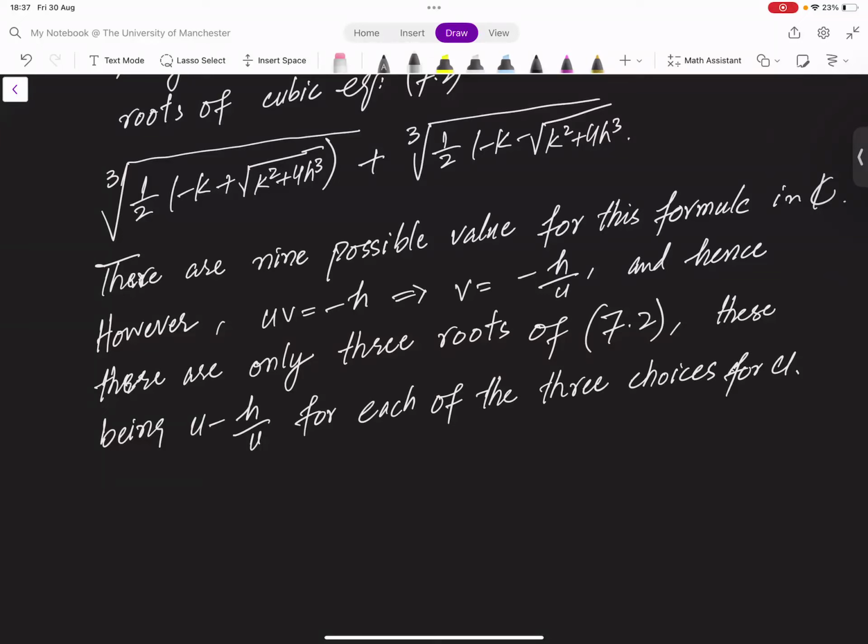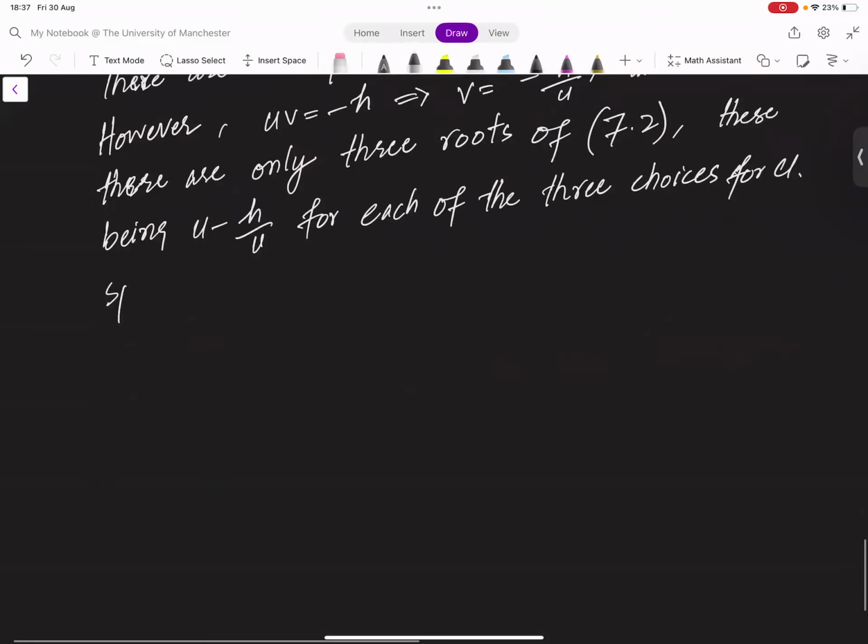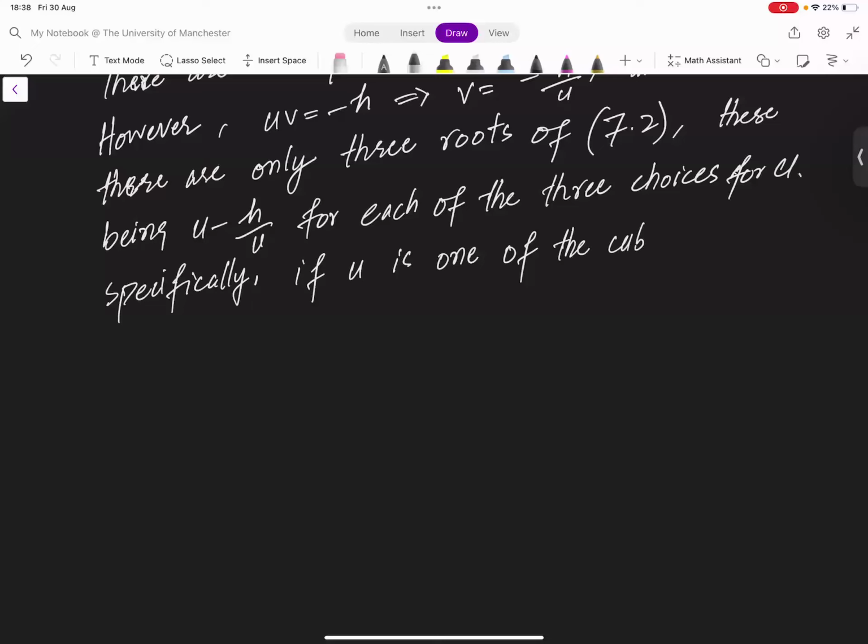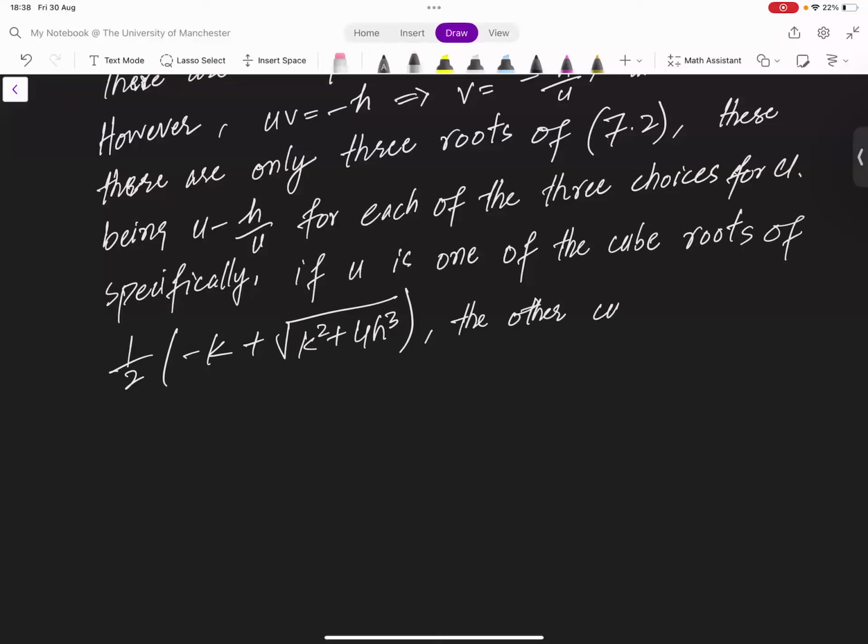Specifically, if u is one of the cube roots of 1/2 of minus k plus the root of k square plus 4h cube, the other cube roots are u omega and u omega square. Omega is e power 2 pi i over 3.